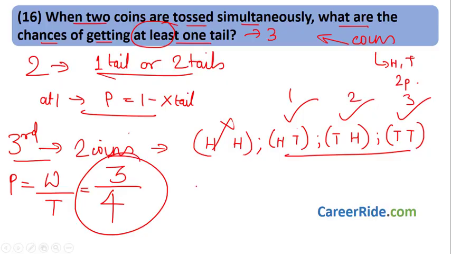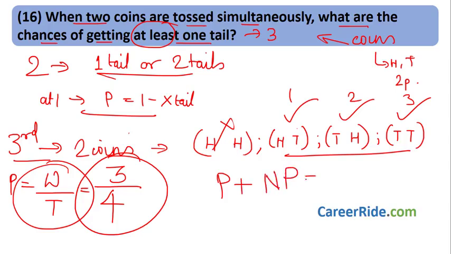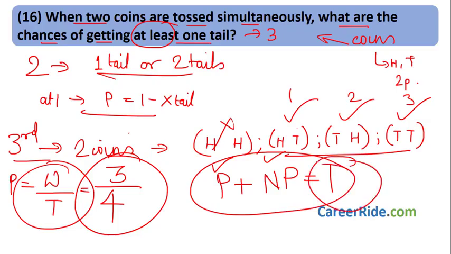Probability is extremely easy. You just need to remember probability is what I want divided by total, and probability of event happening plus probability of the same event not happening is equal to 1. That is probability of rain falling plus probability of rain not falling is nothing but 1. Total probability is 1.